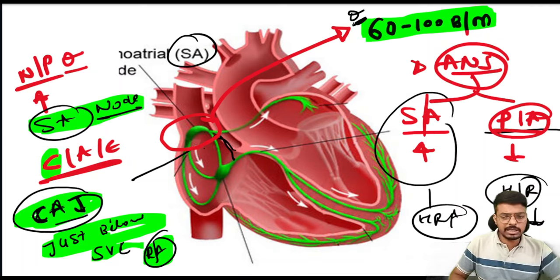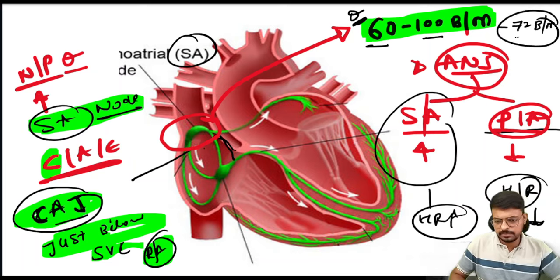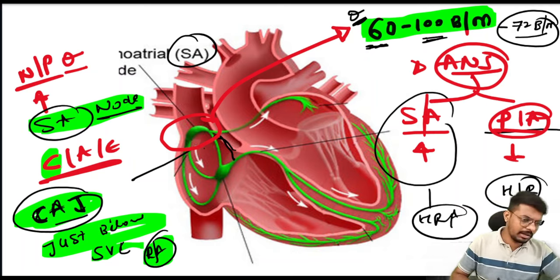The normal adult heart rate is 60 to 100 beats per minute, and the single best answer is 72 beats per minute. If the heart rate is below 60, it is called bradycardia. If the heart rate is more than 100, it is called tachycardia. You all have to understand this very importantly.